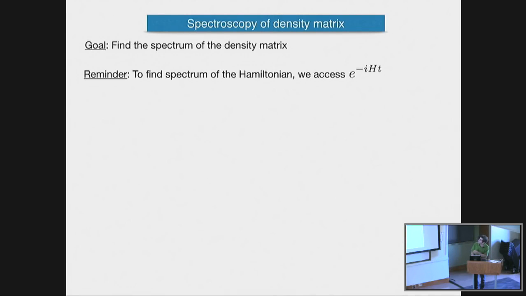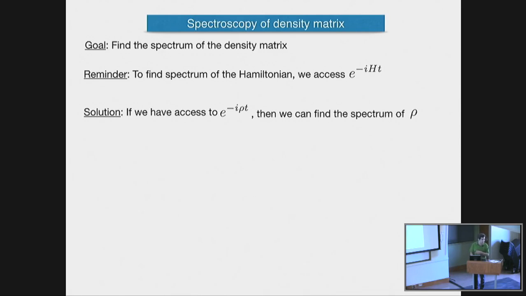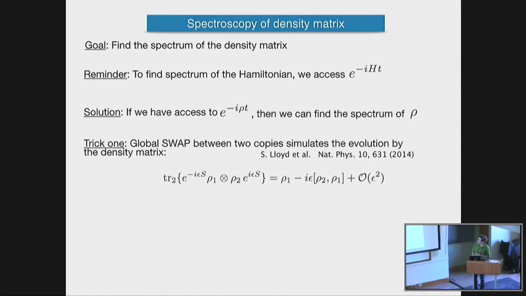So if I want to find the spectrum of a density matrix, we can do it by reminding ourselves what we do exactly to find the spectrum of a Hamiltonian. In order to find the spectrum of a Hamiltonian, I should have access to e to the minus iHt. So if I have access to e to the minus i rho t, then I can get the spectrum of rho. That's it. So how do we do that?